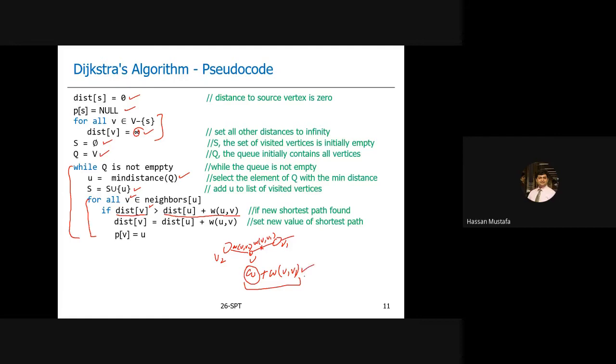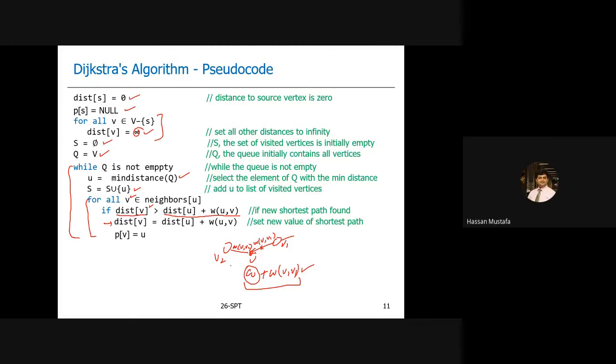If this new cost is smaller, then I update the cost of vertex v, and then I set the parent of v as this node u. So this u would become the parent of v1. Similarly, we would update the cost of the second vertex as well.